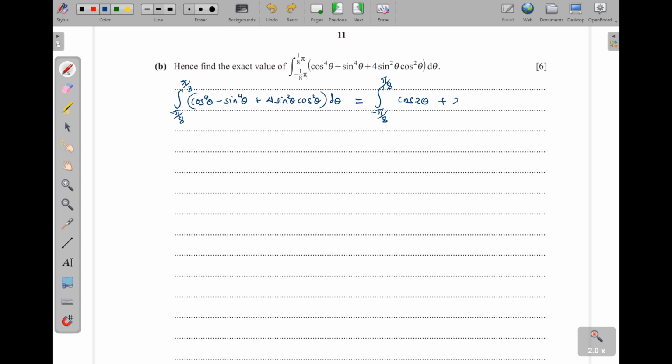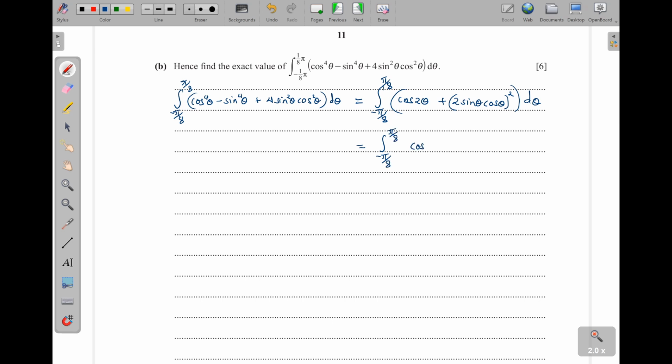It is the same as (2 sin θ cos θ)², dθ, because when you square the 2 you get this 4, you square the sine you get sine squared, you square the cos you get cos squared. You see? So we now have the integral from negative π over 8 to π over 8.